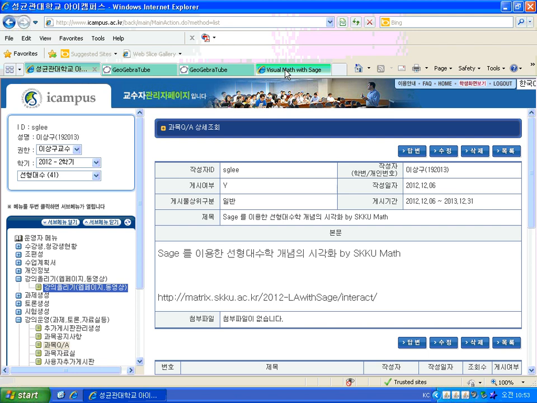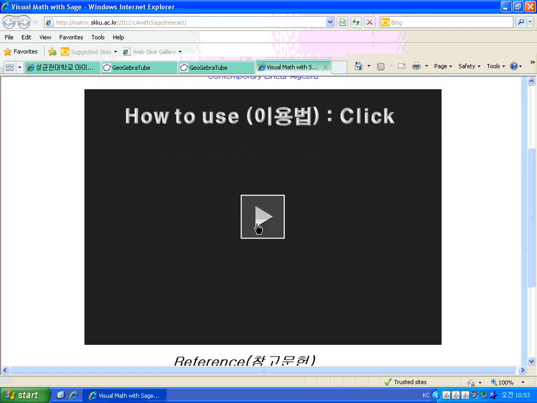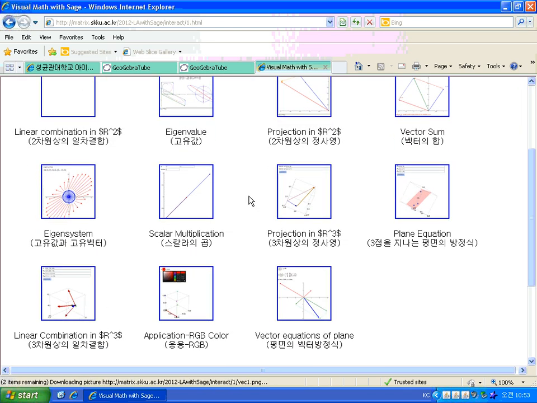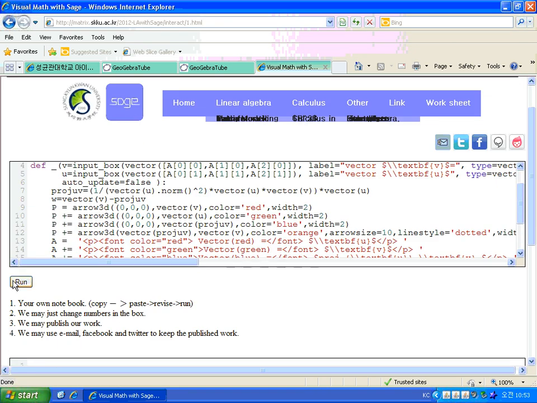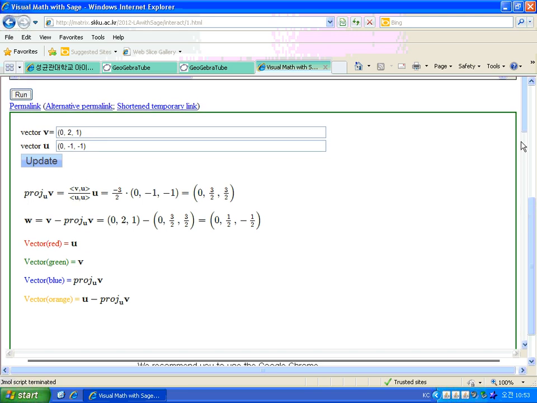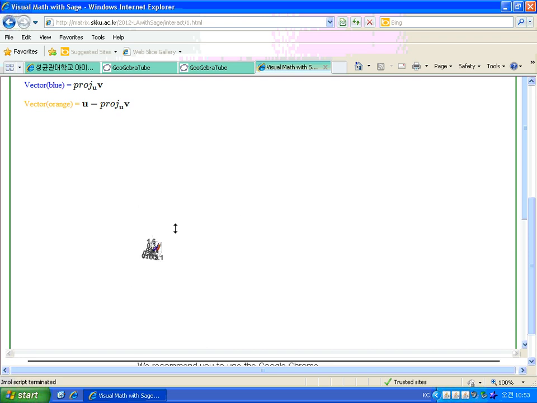This is a visualization of the... Here you will see many visualizations which were done by Sage. Yeah, this shows the same thing.